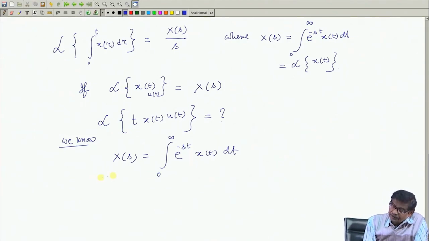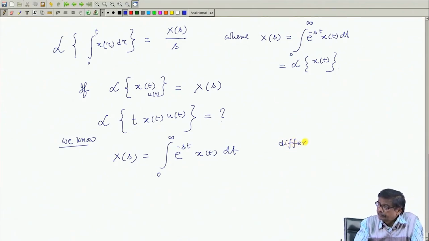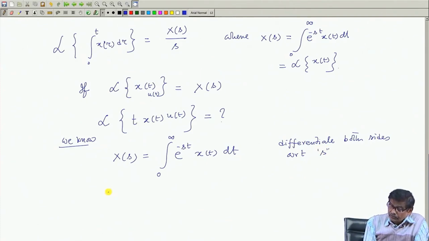Now, you see what you do, you differentiate both sides with respect to s. So, you will get dX/ds here.